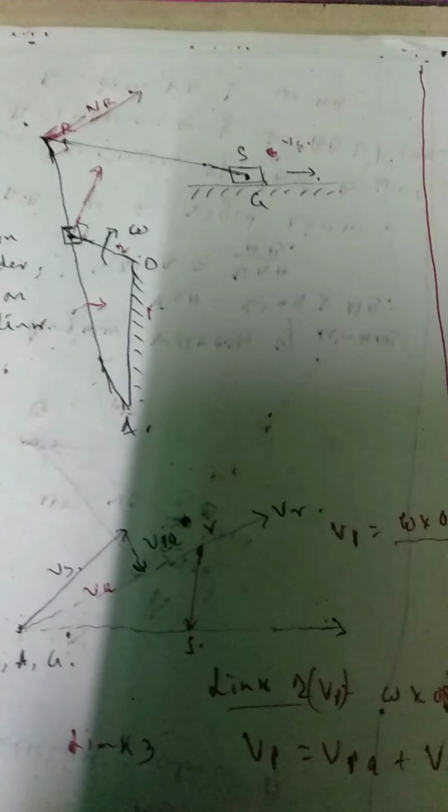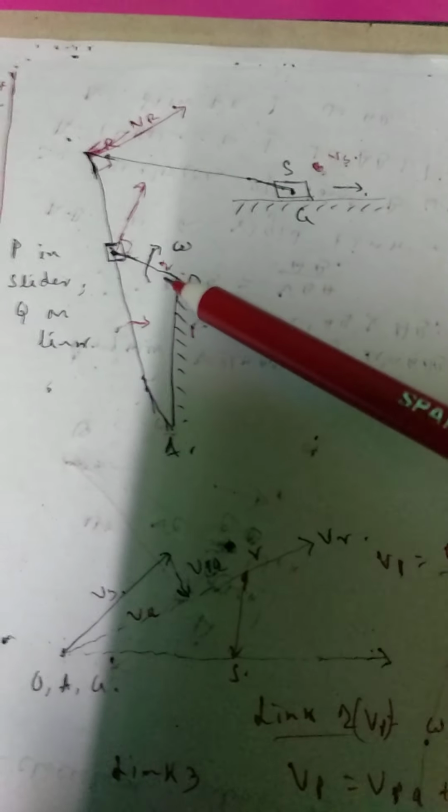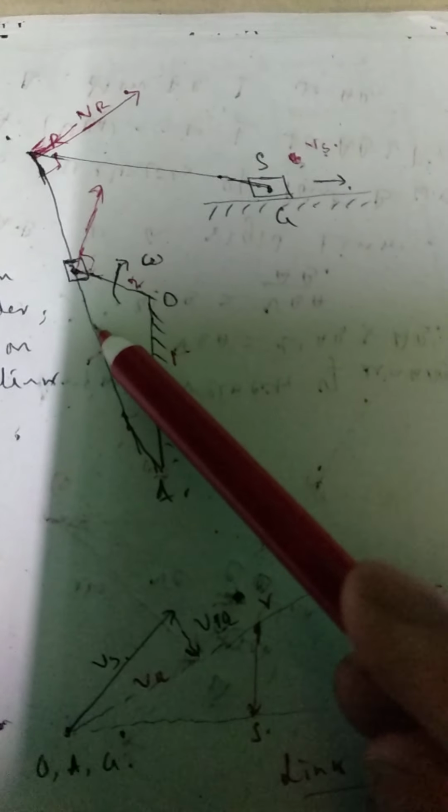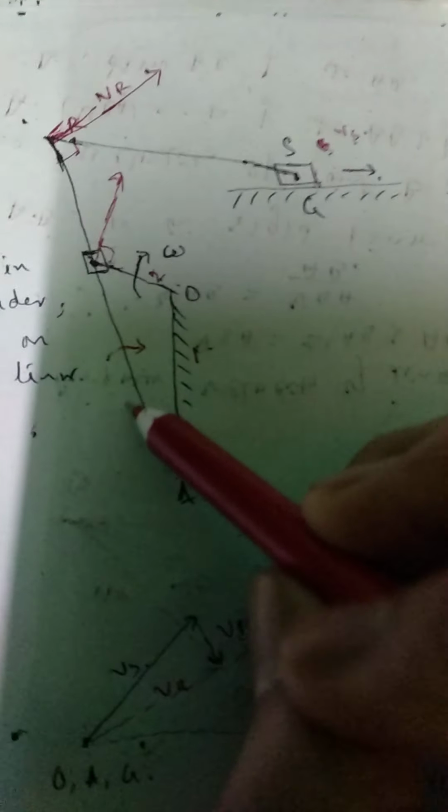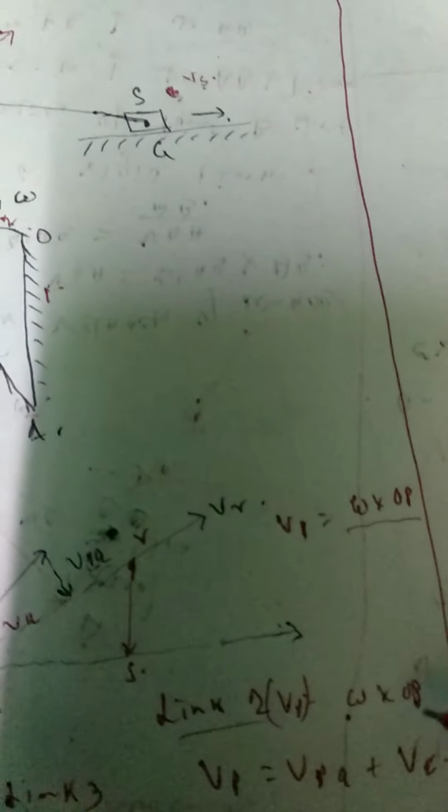Now we will find the velocity of P. If we want to find the velocity of P, considering this link, suppose numbered as 3, Vp is equal to omega into OP, we can find by this formula, or we can find using this link 3, using the earlier explanation which I have shown here.